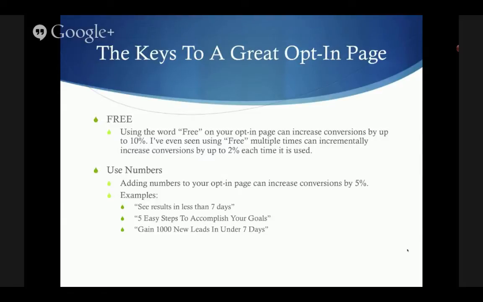Instead of gain 1,000, say gain 1,023 new leads in under 7 days, because whenever you round, it makes it more broad in people's mind. And it goes back to that first one of don't leave it broad, be very specific. So gain 1,072 new leads in under 7 days. That's why I used increase your opt-in pages by over 73% by getting this free report.